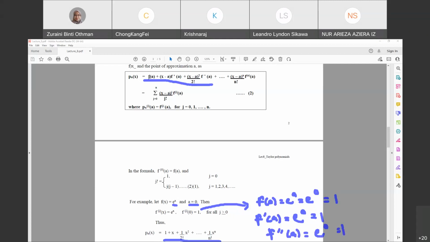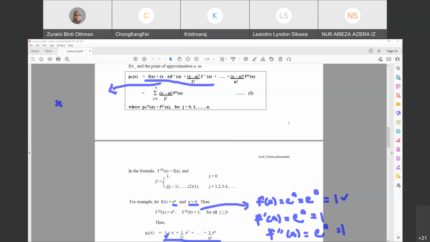Jadi, macam mana kita nak dapat equation ni dalam bentuk P and X. Okay, kamu tahu kan FA, gantikan, dia ialah 1. Okay, nampak tak kasi dapat 1. And X tolak A, F prime A, yang ni, bila kita gantikan dengan kita punya case dekat bawah ni, dia akan dapat apa?